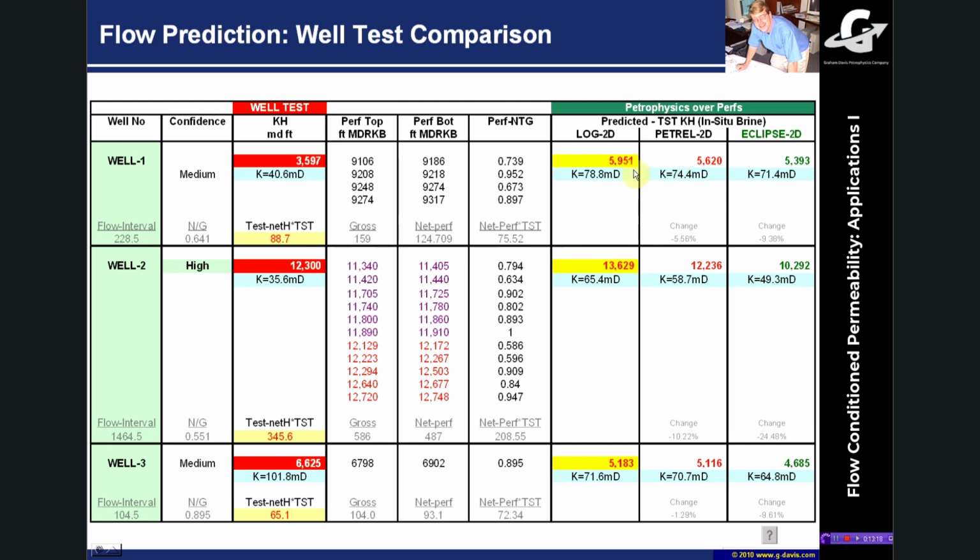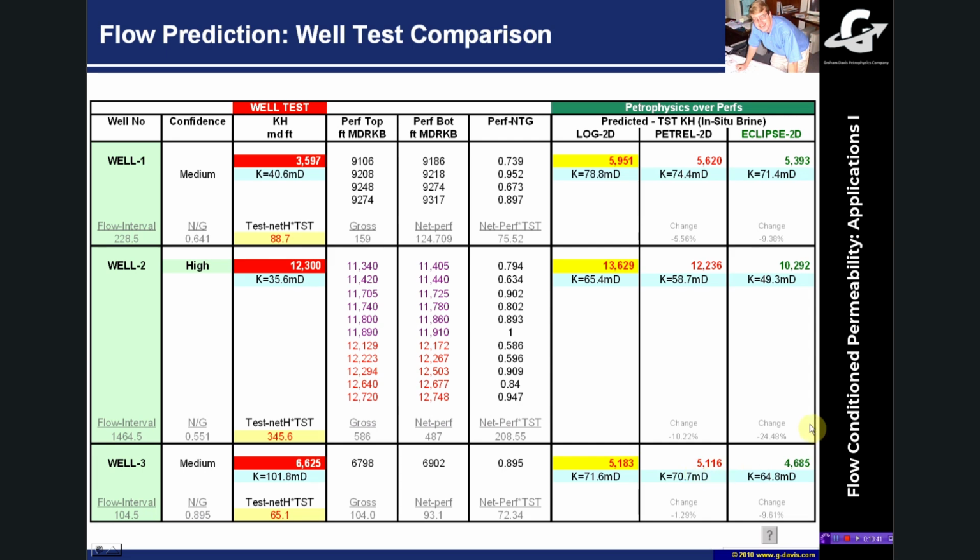And as I've shown you that we lose a slight bit of permeability thickness in the 2D Petrel world, the upscale, so we're dropping down to 5,600 millidarcy feet here. Again, I'm repeating myself, I guess, because we're dropping down to 12,000 millidarcy feet, and we're dropping down to 5,000 millidarcy feet.